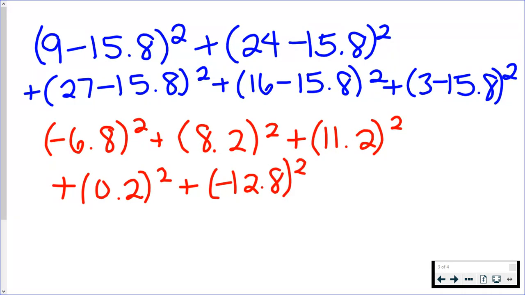All I've done is subtracted the numbers inside of the parentheses. So 9 minus 15.8 is negative 6.8, and so on.